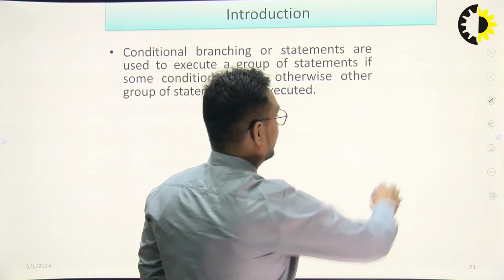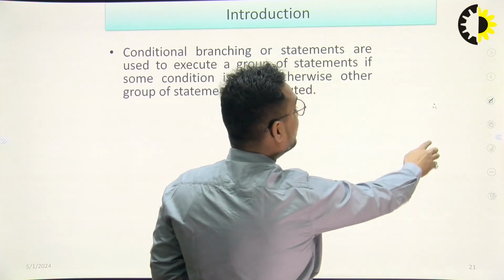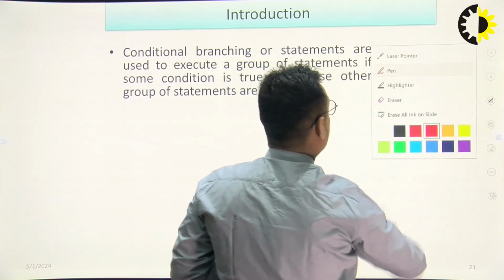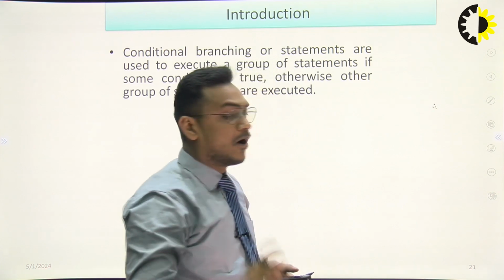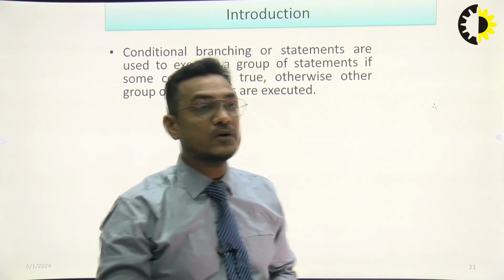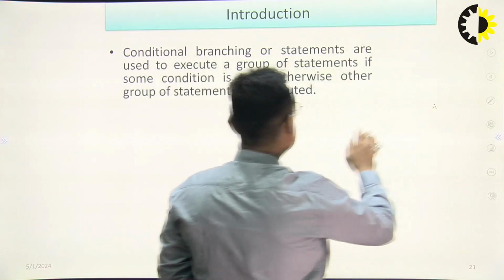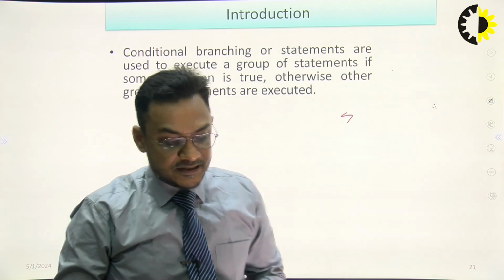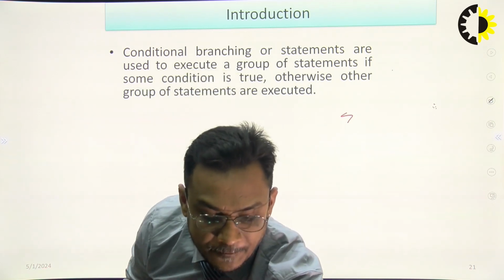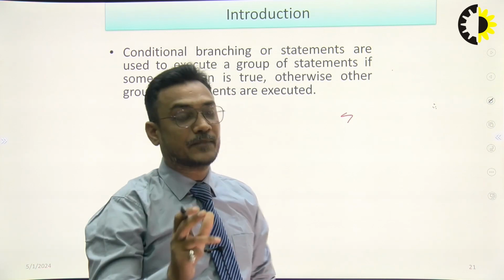What is if? The if statement always represents the true value. True value means, if you give the instruction to write a program to print A is greater than B, suppose I give a simple example.